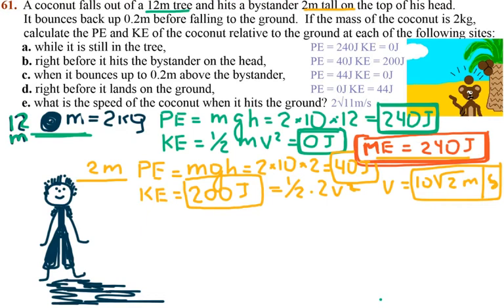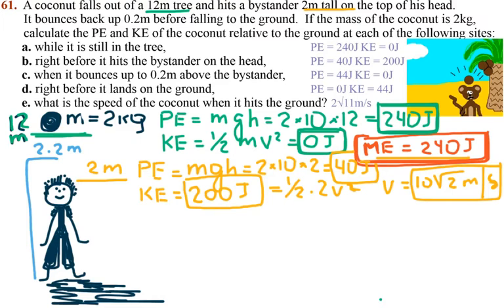Then they say it rebounds up 0.2 meters above the bystander's head. So it goes 0.2 meters above the bystander's head. So this is 2.2 meters.